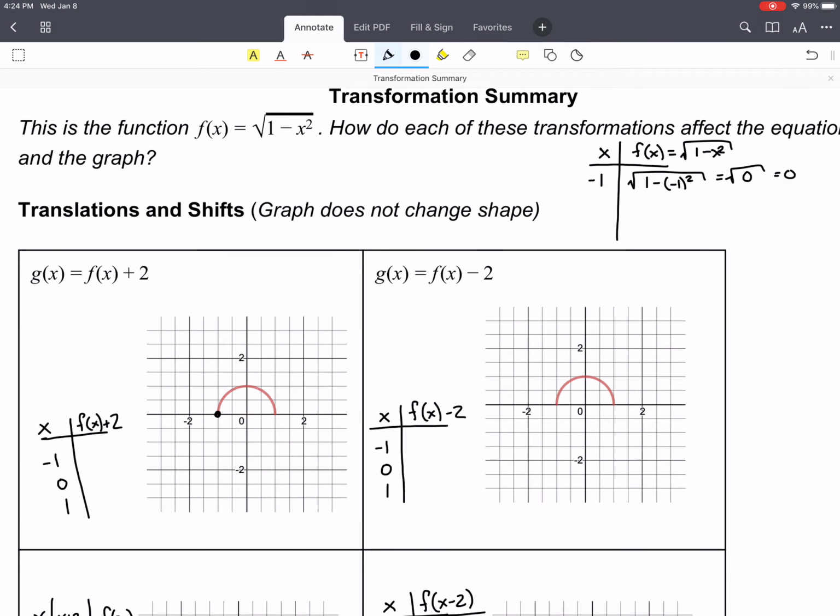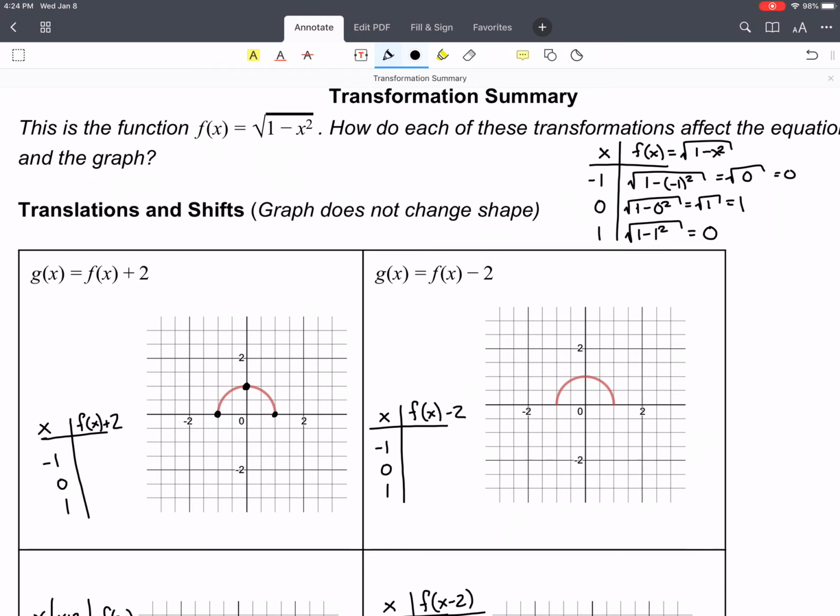So for just f of x, when x is negative 1, I get 0. When x is 0, I get the square root of 1 minus 0 squared, or just 1. And when x is 1, I get the square root of 1 minus 1 squared, which is 0.